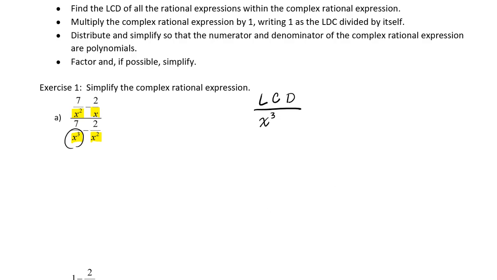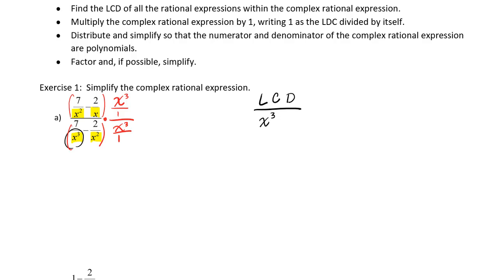Now that I have this LCD, I'm going to multiply the numerator's numerator by x to the third and the denominator's numerator by x to the third. Now you can see that x to the third over 1 divided by x to the third over 1 is equivalent to 1 if you were to reduce it. But my goal is to take that LCD and distribute it to the fractions in the numerator and in the denominator.